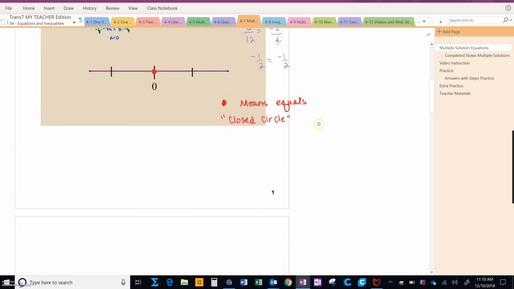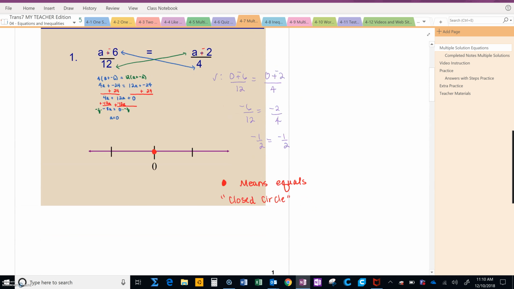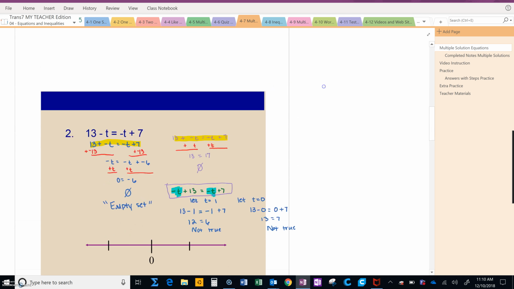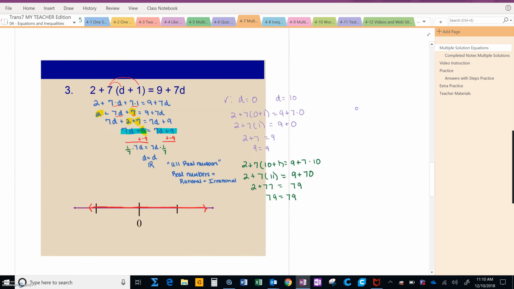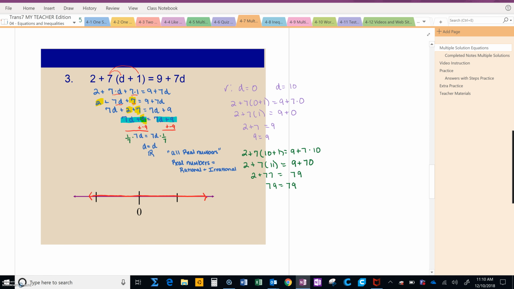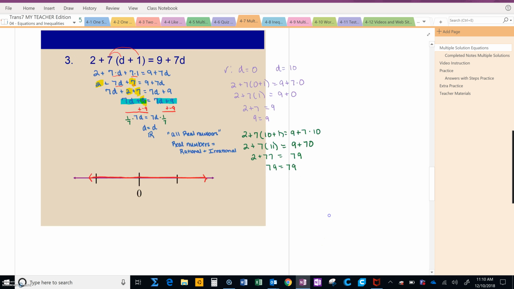We could end up with one solution that we graph by putting a closed circle, in other words, a shaded in circle on the answer on the number line, or nothing works and then we just don't do anything to the number line, or everything works and then we put a line with arrows on both ends on the number line.